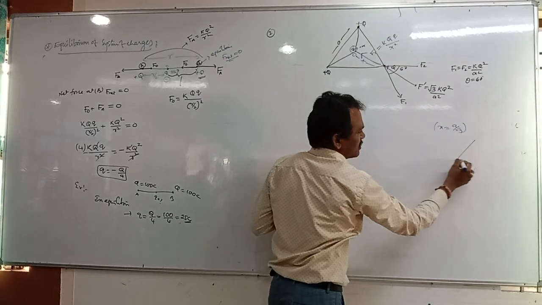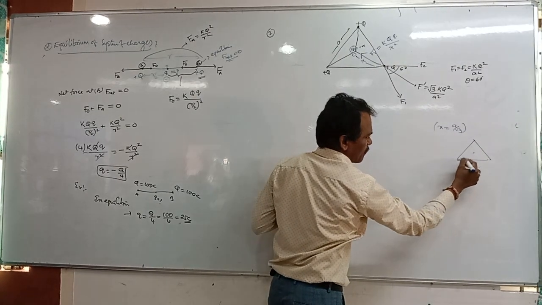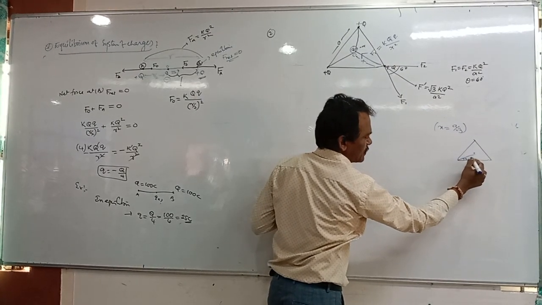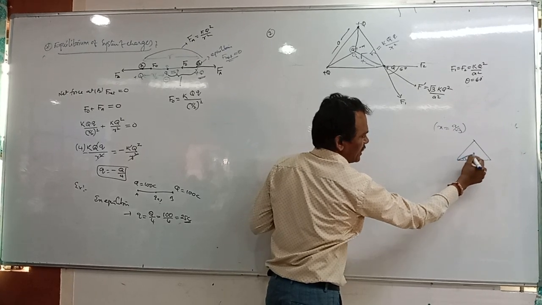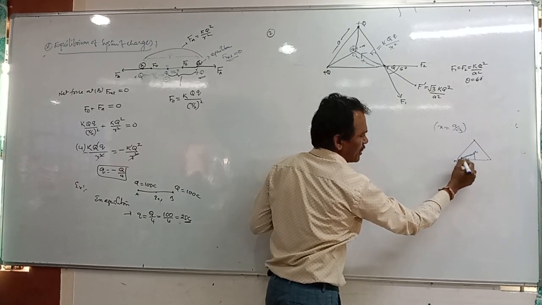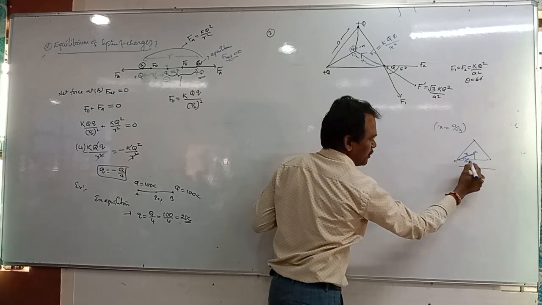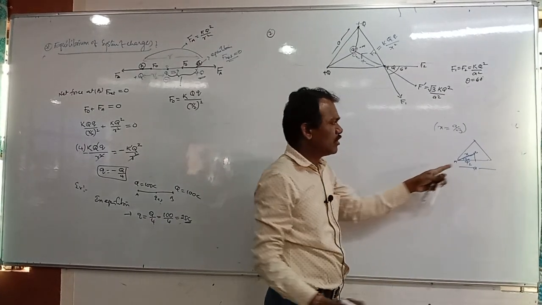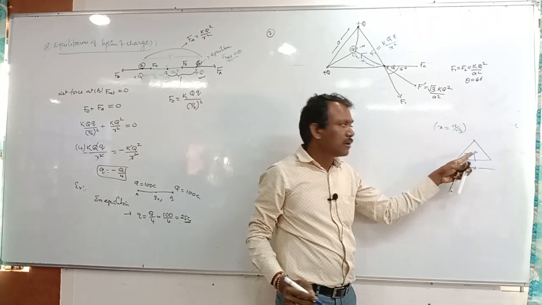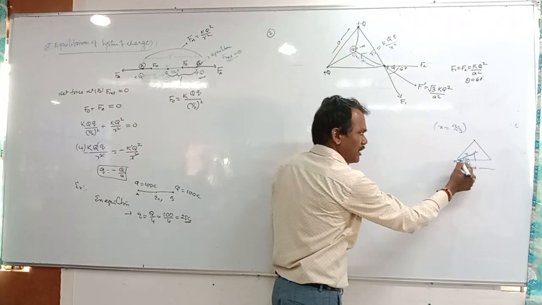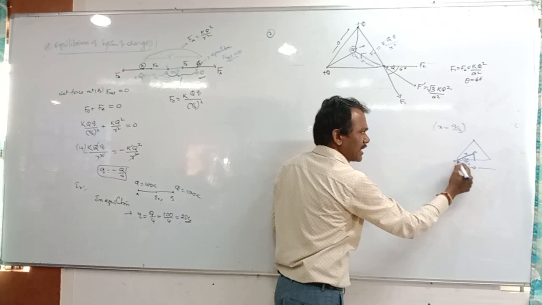How, sir? This is 30 degrees, right? We need A to O here. This is X, and this A distance will be A by 2, right? What we want to find out? This is hypotenuse X. Take it as a right-angled triangle.